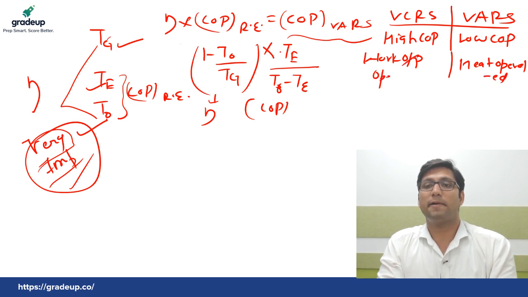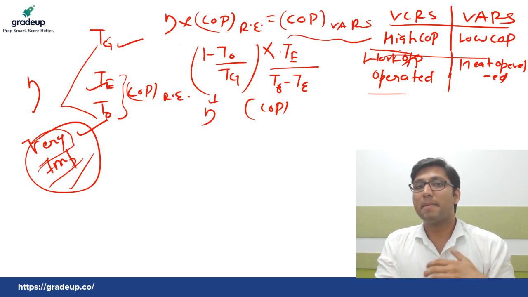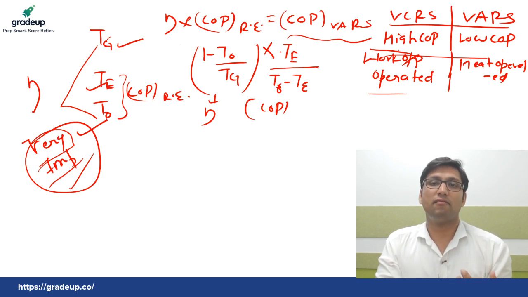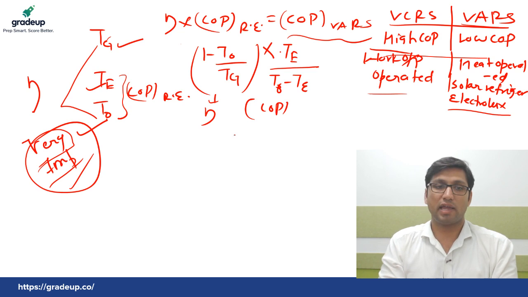The VCRS system is basically used where there is an abundant supply of electricity. The VRS system is basically employed in solar refrigeration, and the Electrolux refrigerator uses the VRS system.